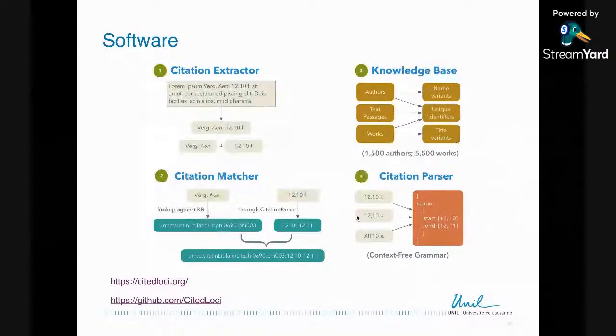As you have here, in the example on the right, you have three different ways of representing the same scope of a citation in three different human-readable ways. So you have 12.10 f, 12.10 s, and then with a Roman numeral, 12.10 s.